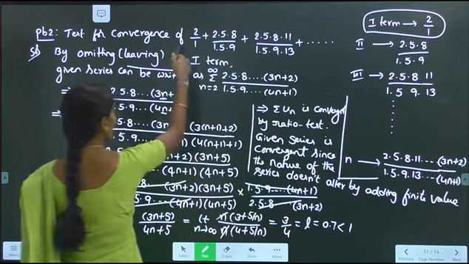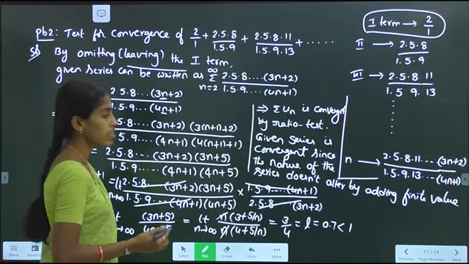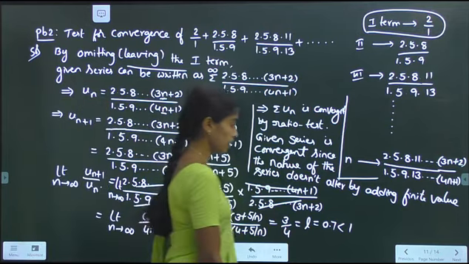By adding 2 by 1, that is 2, to that series, the nature of the series does not alter.